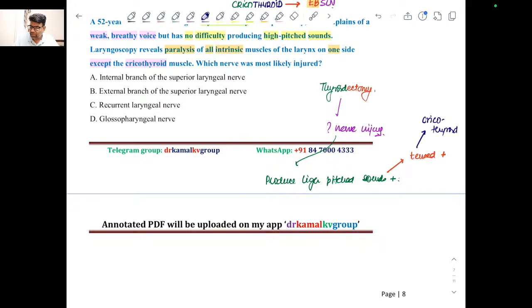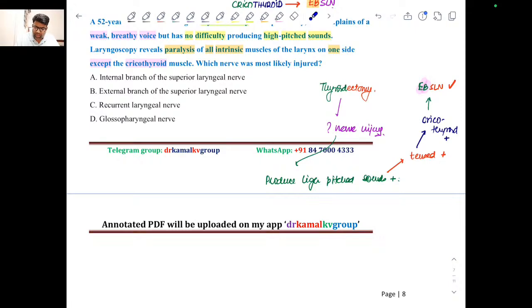Cricothyroid is okay. And cricothyroid is supplied by external branch of superior laryngeal nerve. So this is also okay. So it means it is not paralyzed, because the patient can produce high pitched sound. So it means external branch of superior laryngeal nerve is okay. So this option is ruled out.